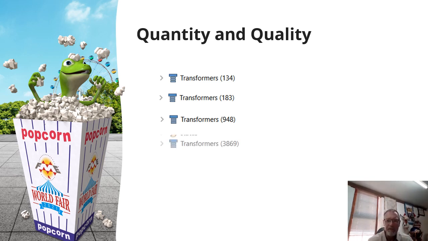And our main model for this particular project had 3,869 transformers. Can you imagine trying to manage that, trying to maintain that, trying to actually understand it if you had never seen it before? So huge numbers of transformers in a single model.